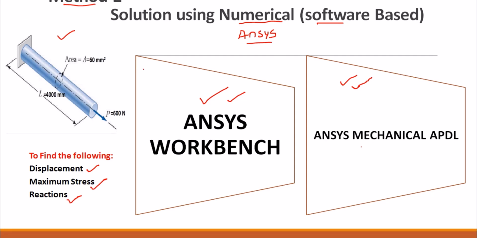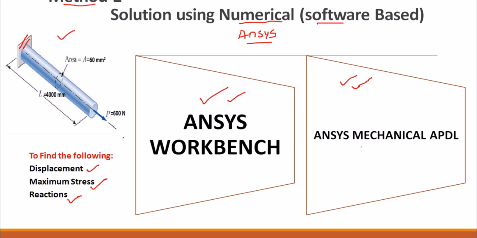Then mesh it, then apply the boundary condition, that is one end is fixed, another end applied with a tensile load, and you are able to get the respective field variables, that is displacement, maximum stress, reaction after solving. So this is the Ansys Workbench approach.